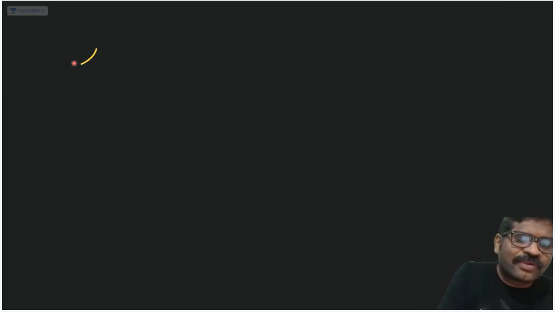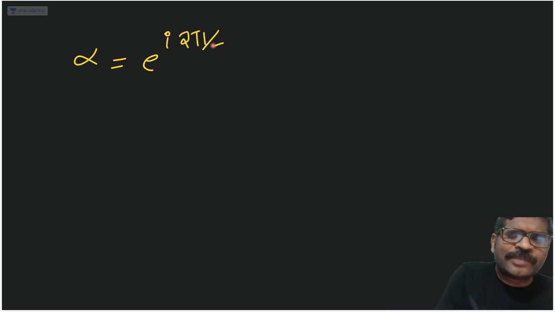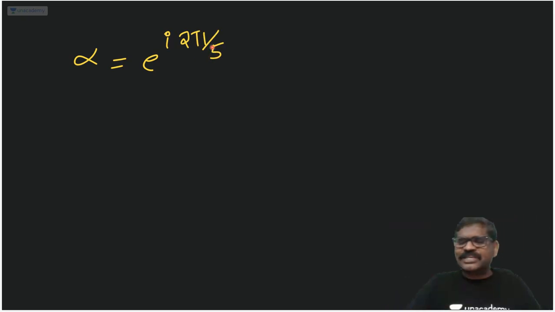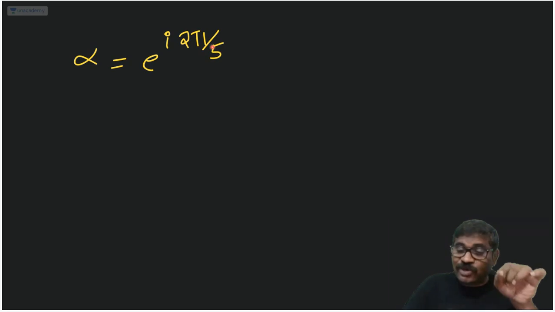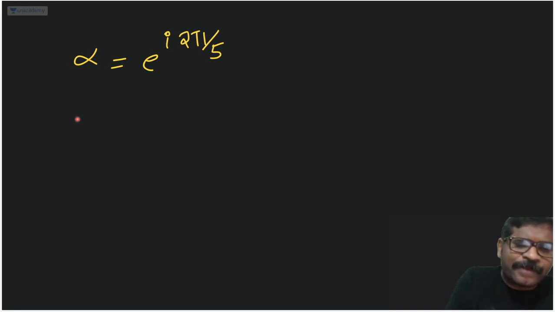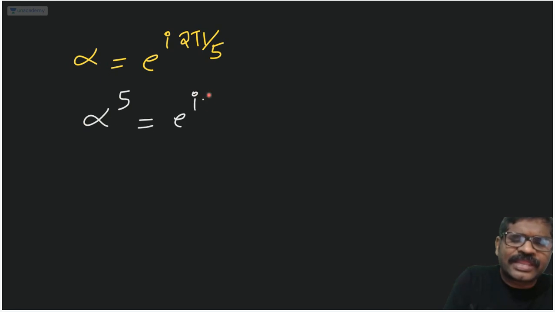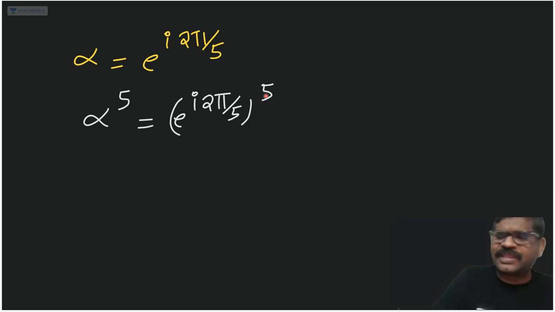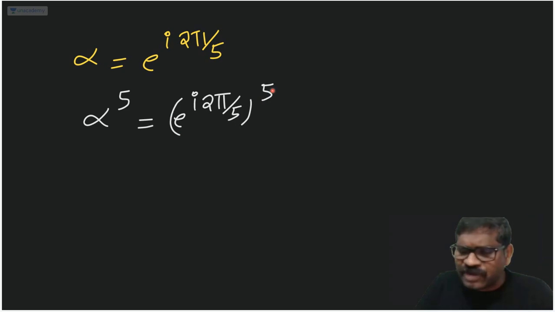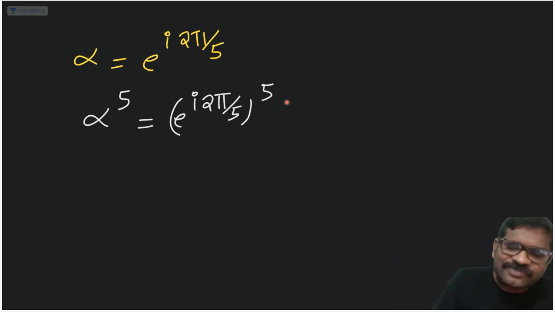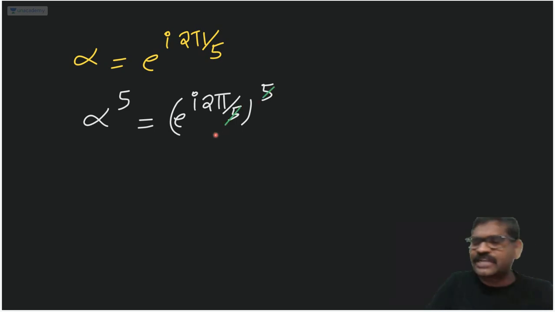Alpha equals e power i 2π/5. Since alpha equals e power i 2π/5, alpha power 5 is (e power i 2π/5) whole power 5. Raising the power 5 on both sides, the 5 and 5 cancel.